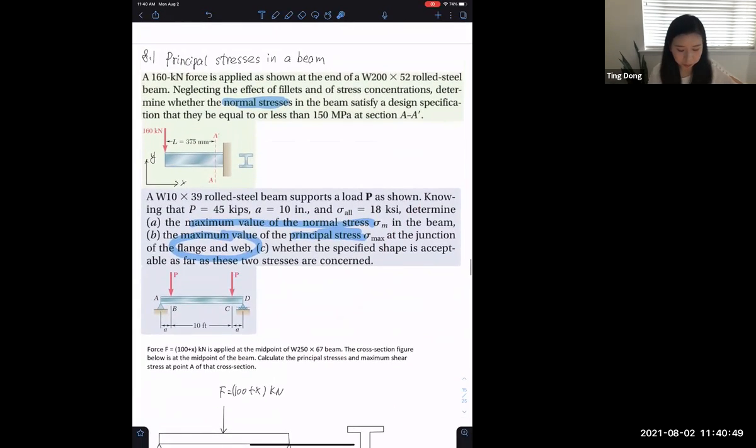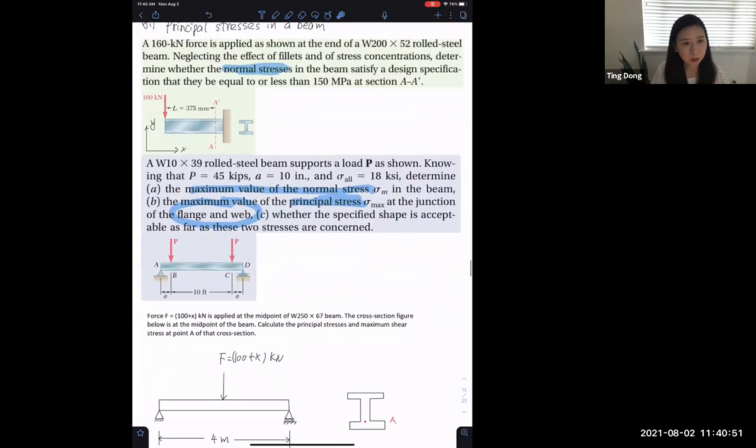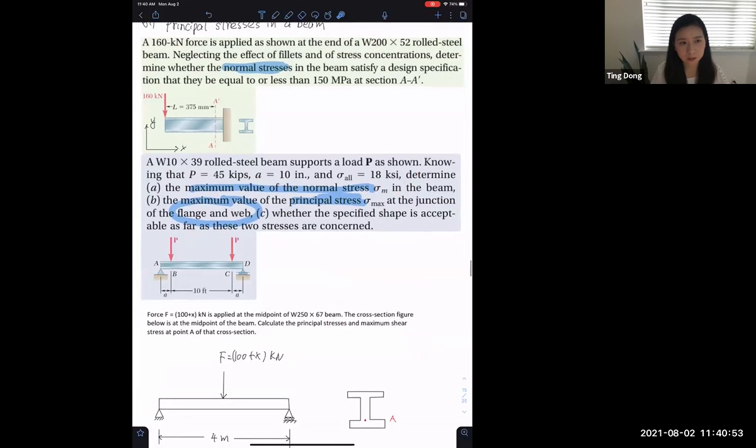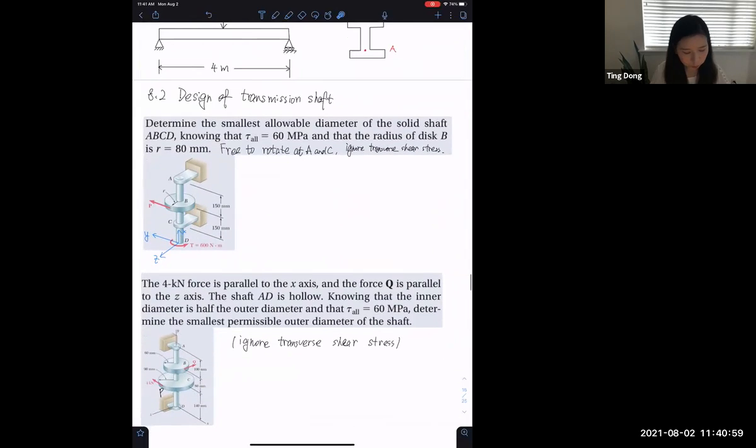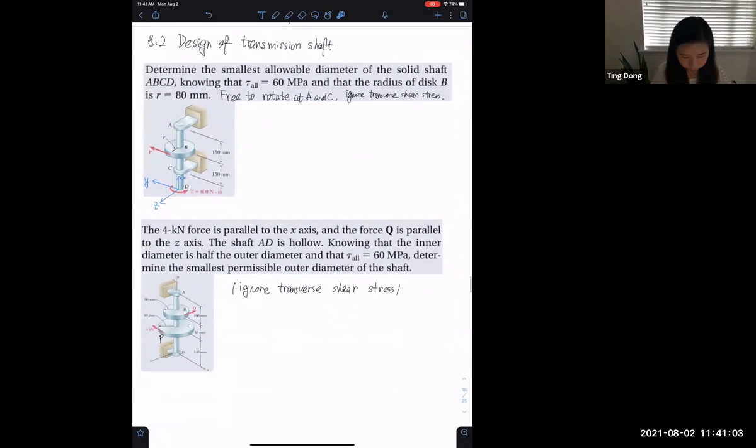So these are the principal stresses in the beam. Again, we need to consider bending and transverse shear. And when we talk about the shaft, we added torsion, right? As you can see here, now this P generates torque, and this torque generates a shear stress in the shaft.